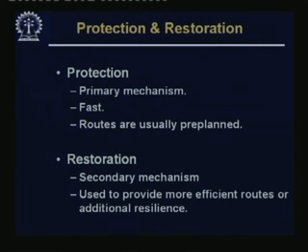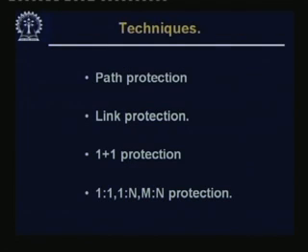Protection is the primary mechanism, this is fast, and routes are usually pre-planned. We will come to this part later on. Whereas, restoration is a secondary mechanism used to provide more efficient routes or additional resilience over and above protection. We will see both of these. Now, for techniques of protection, we could protect a path, which is called path protection.